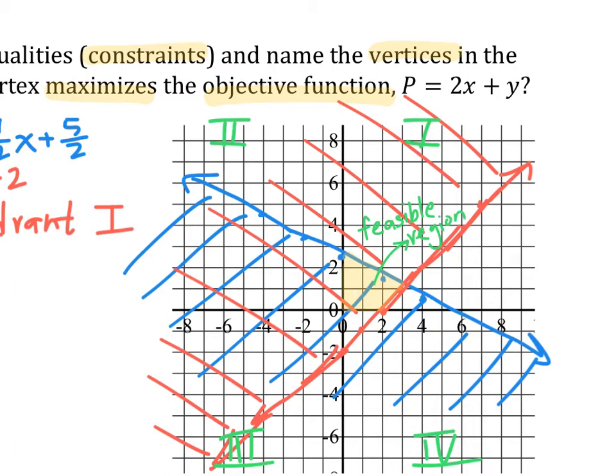So this is the region where all the possible answers are. And then this region has 4 corner points. It's enclosed within 4 corner points. These points, we call them vertices. Vertices is the plural for vertex. Vertex is the singular noun.